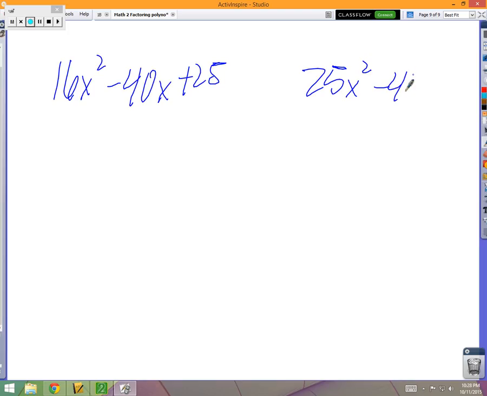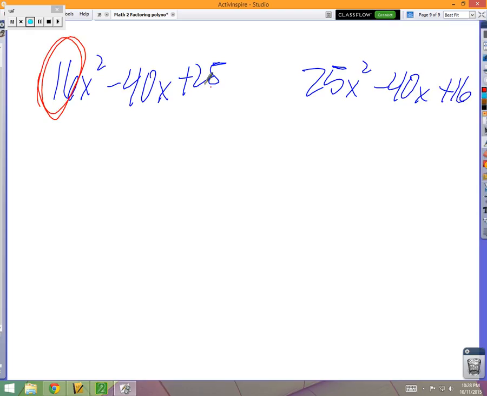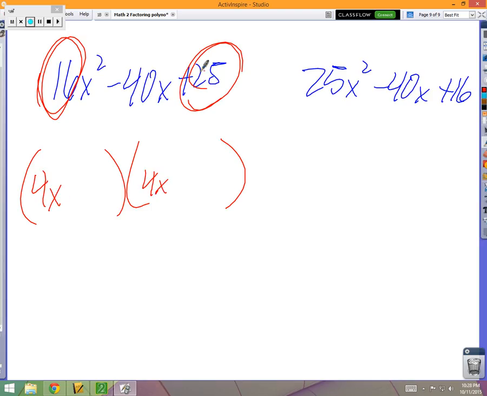What if you have like a 16x squared minus 40x plus 25? So it's kind of close to what we just did. Let's do 25x squared minus 40x plus 16. Now, look at it and you see the first is a perfect square, the last is a perfect square, so it's going to be a special case. 16x squared they get from 4x and 4x. 25 they get from 5 and 5, but they're minuses, because a minus 5 times a minus 5 is a positive 25.